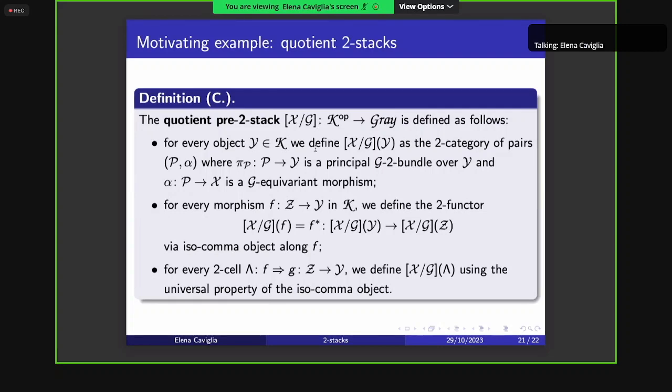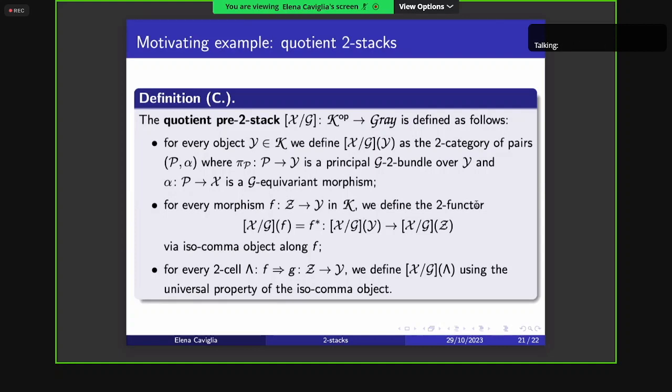It doesn't really matter how this is defined. Essentially, it sends every object to a category of principal G two-bundles. The important thing is that this object generalizes quotient stacks. It's the natural generalization of quotient stacks one dimension higher.